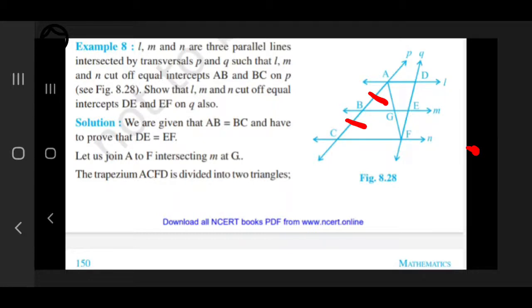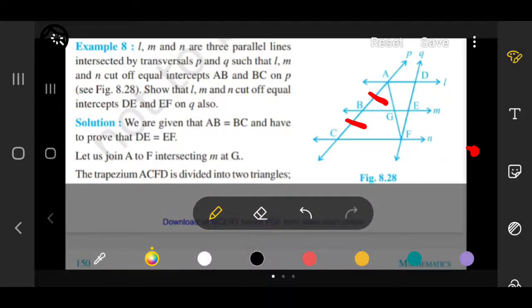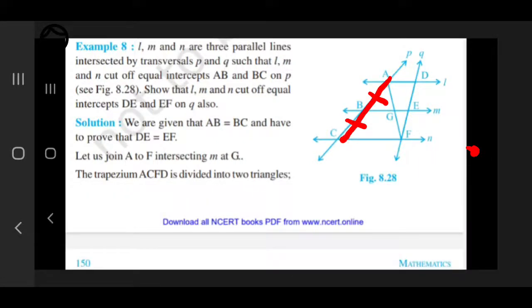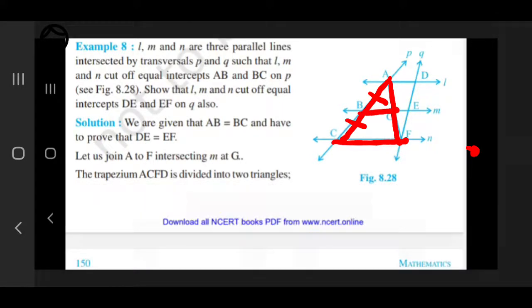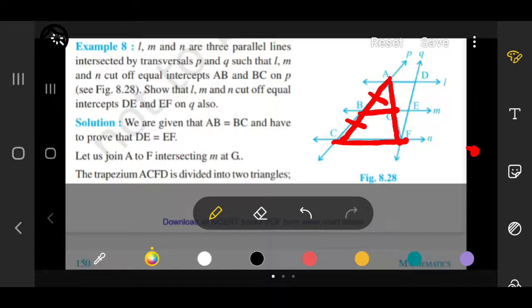Then we know that L, M and N are parallel. So BE is parallel to CF. Consider triangle ACF. In this triangle, BG is parallel to CF.